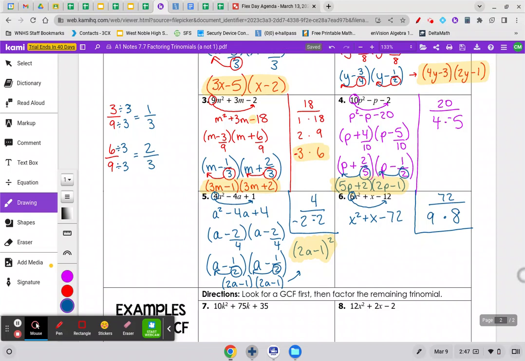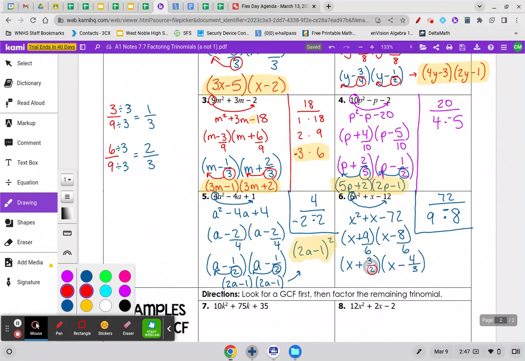Because I need these to subtract to a positive 1, the 8 will be negative. So I have x plus 9, x minus 8. I have to slide the 6 under and reduce my fractions. I get x plus 3 over 2, x minus 4 over 3.